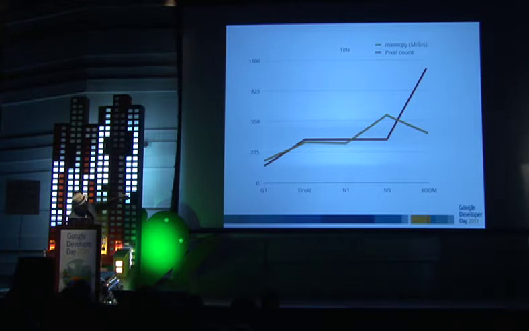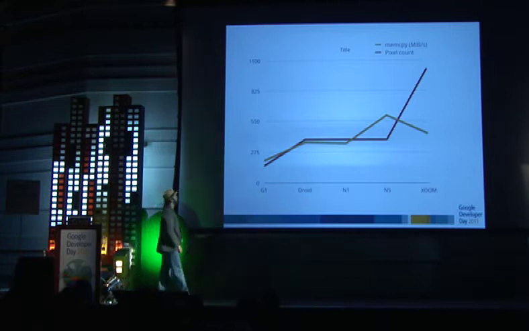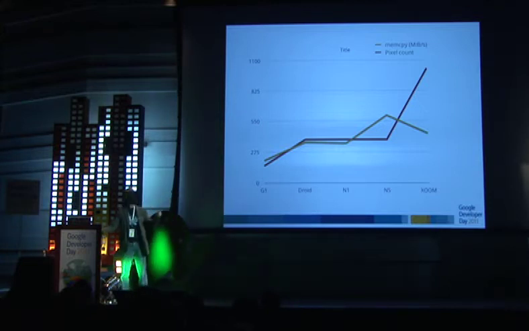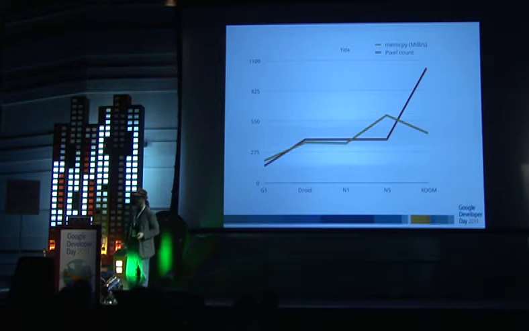Then with Nexus One and Nexus S, it got even faster. But all of a sudden, you see Xoom: the pixel count goes way up, and the fill rate actually went down. So the realization was that there was no possible way this was going to work. This tablet experience was going to be truly terrible if we didn't come up with a solution that allowed us to draw more pixels with the smaller fill rate we had on the Xoom.